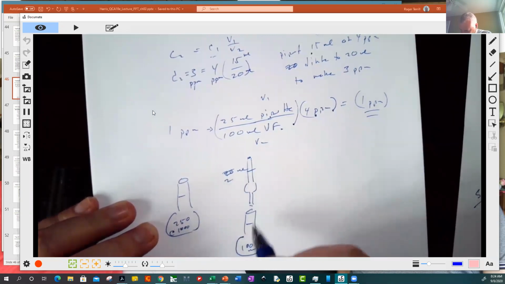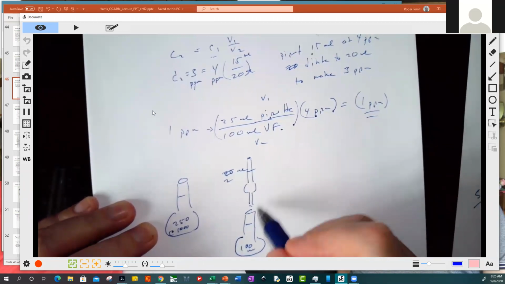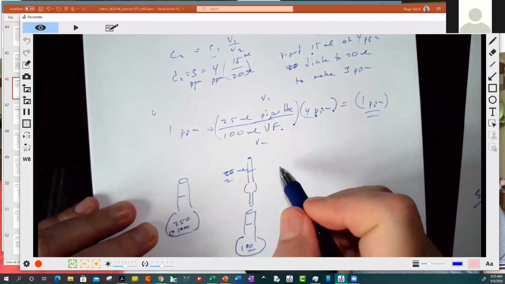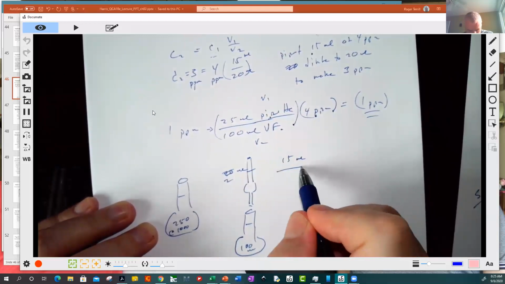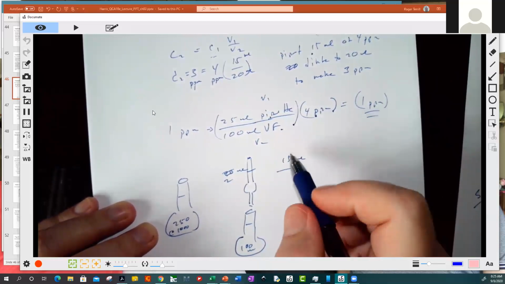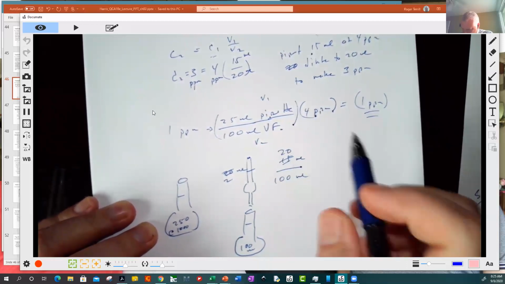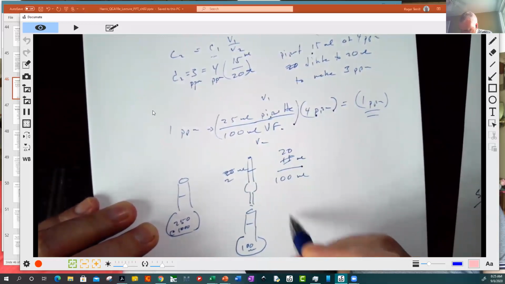And then this is going to be 20 parts per million. And then we're going to take of this 20, 20 mLs, and dilute to 100 mLs, and then this will give us 4 ppm.